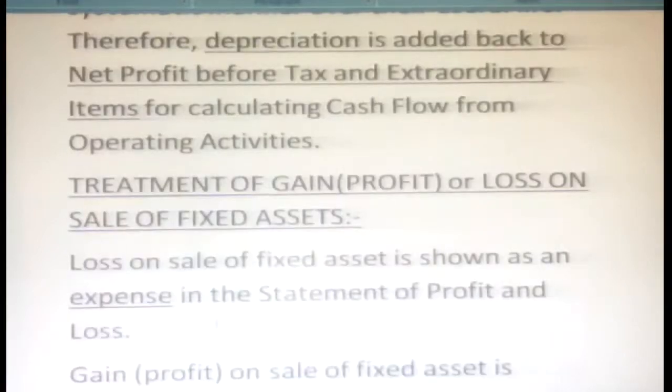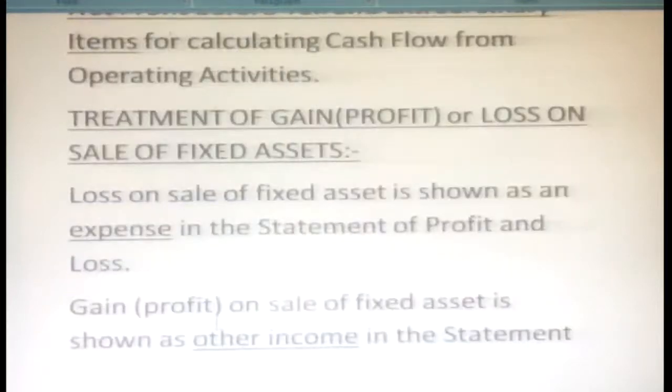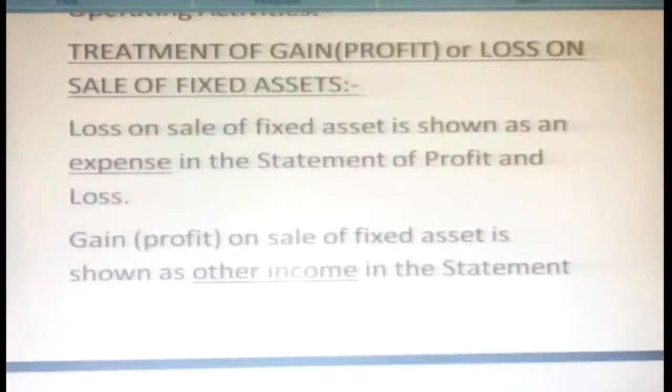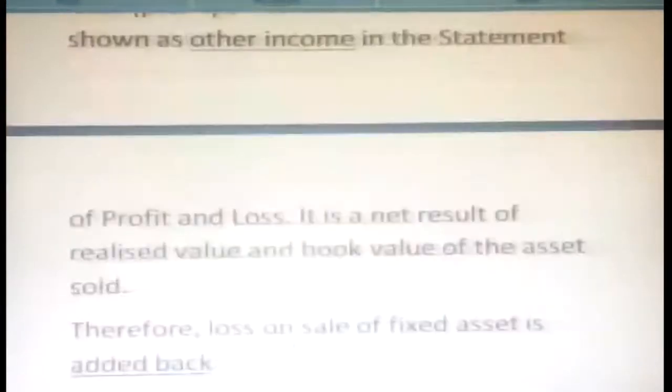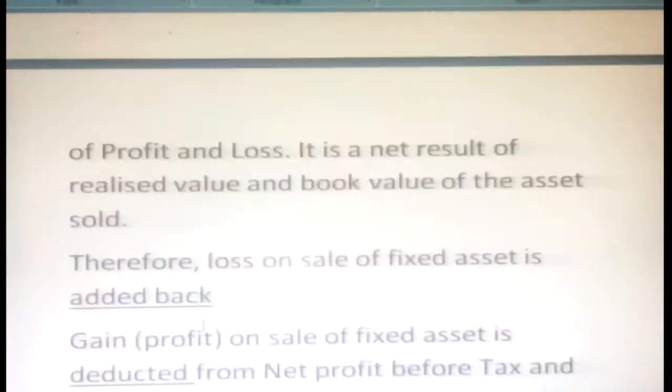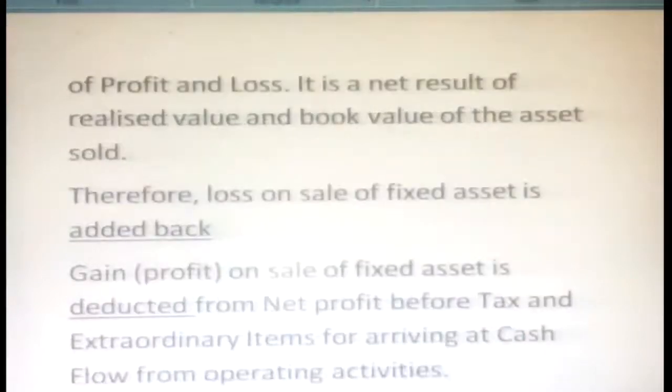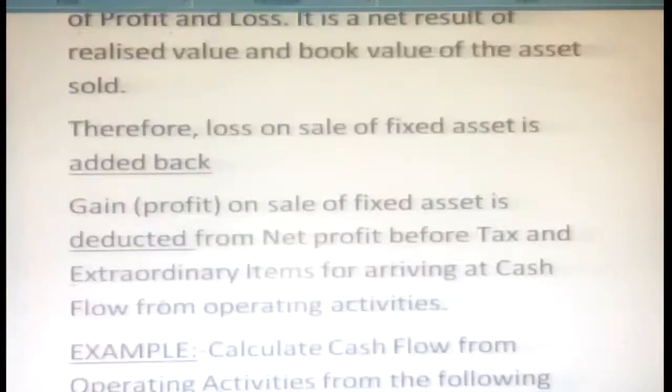Next, the treatment of gain or loss on sale of fixed assets. Loss on sale of fixed asset is shown as an expense in the statement of profit and loss. Similarly, gain is shown as income in the statement of profit and loss. That is the net result of realized value and book value of the asset sold. So loss on sale of fixed asset you add back.